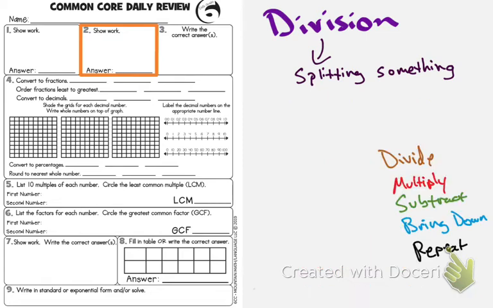We've got 5 steps for division: divide, multiply, subtract, bring down, and repeat. And we're going to walk through these 5 steps here very quickly. We are going to walk through these steps as many times as we have to until we see that subtract step give us an answer of 0.